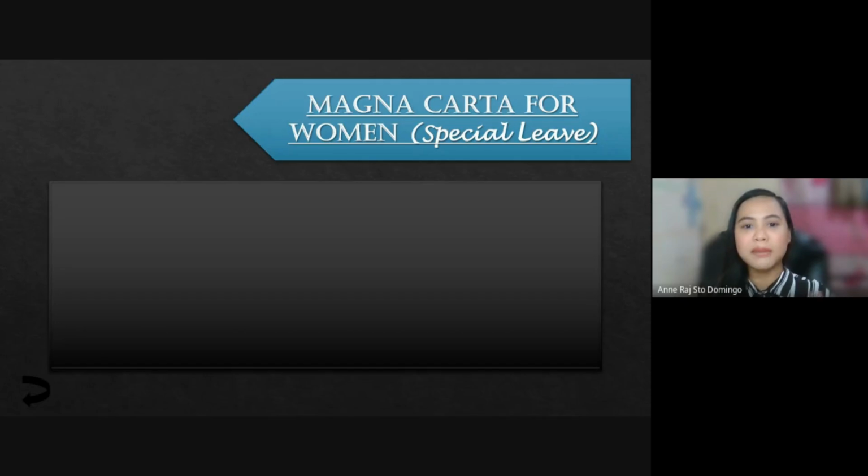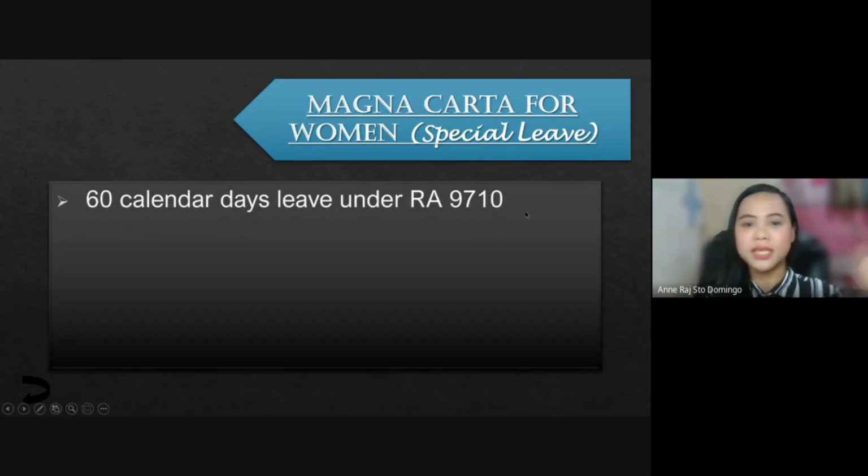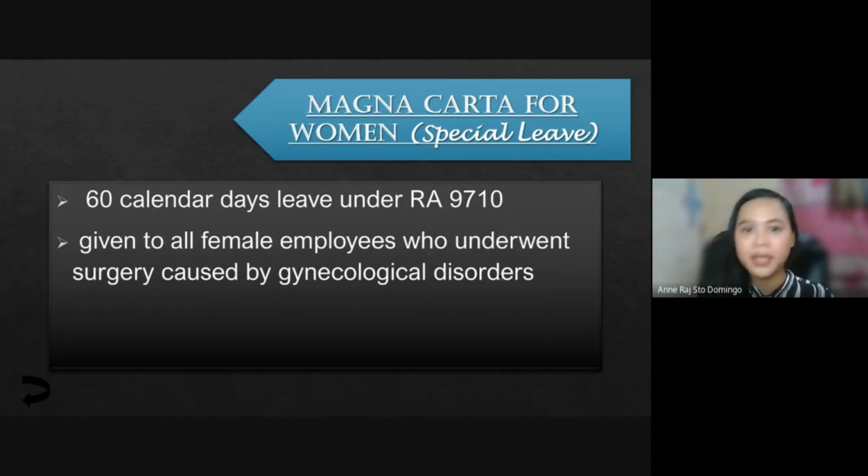Okay, so pagka naman merong other than sa panganganak, merong ibang operasyon para kay bilang kahit hindi siya mother eh. So this is given with 60 calendar days. So 60 days talaga, 2 months leave. Under RA 9710. So under the law talaga siya. Binibigay siya sa lahat ng female kahit hindi buntis.